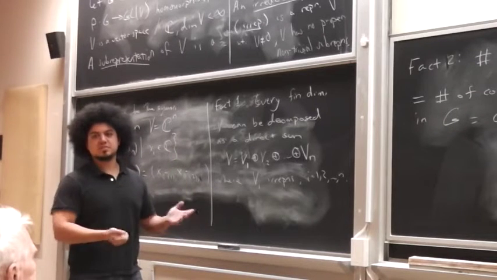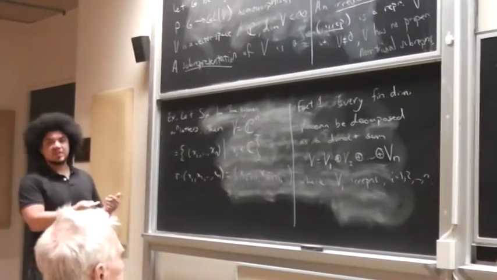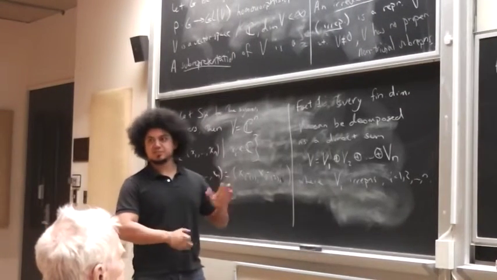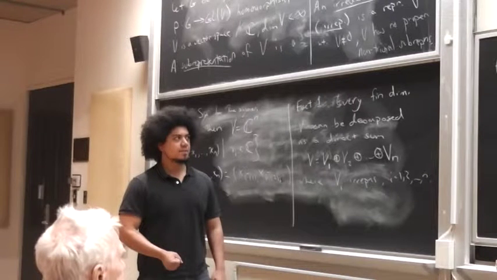What is an isomorphism of representations? It's just an isomorphism of vector spaces that respects the action of G.